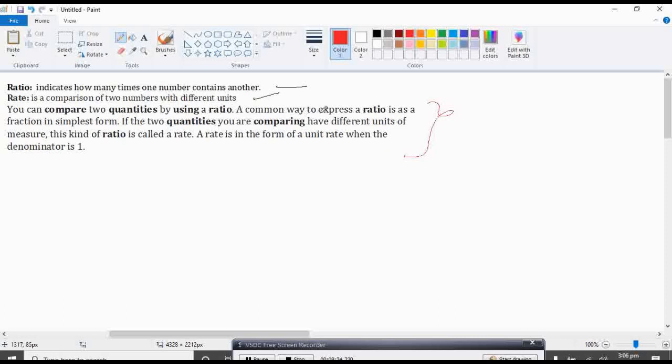A common way to express a ratio is as a fraction in simplest form. If the two quantities you are comparing have different units of measure, this kind of ratio is called a rate. A rate is in the form of a unit rate when the denominator is equal to 1.